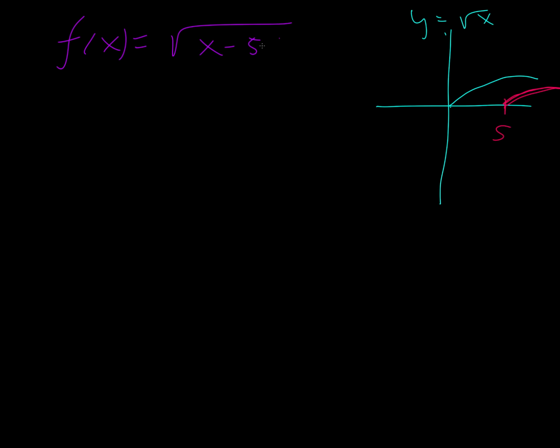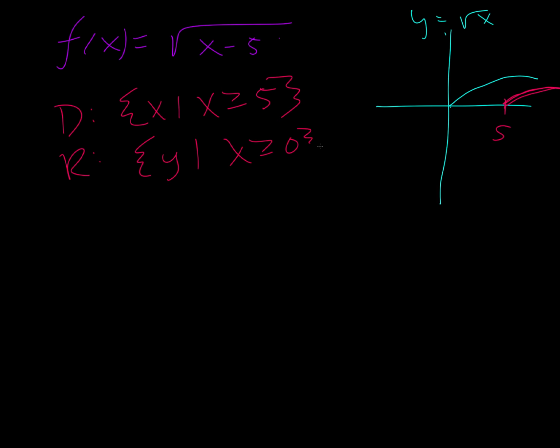So our domain is going to be x greater than or equal to 5. And the range, which is the y values, it's just going to be from 0 up. So y is greater than or equal to 0.